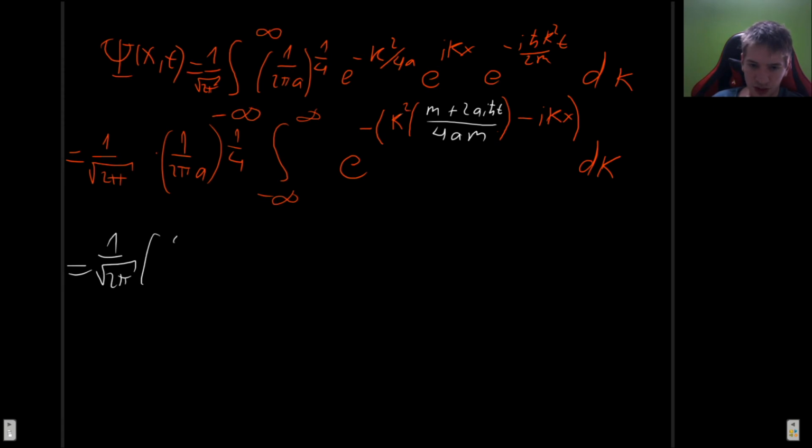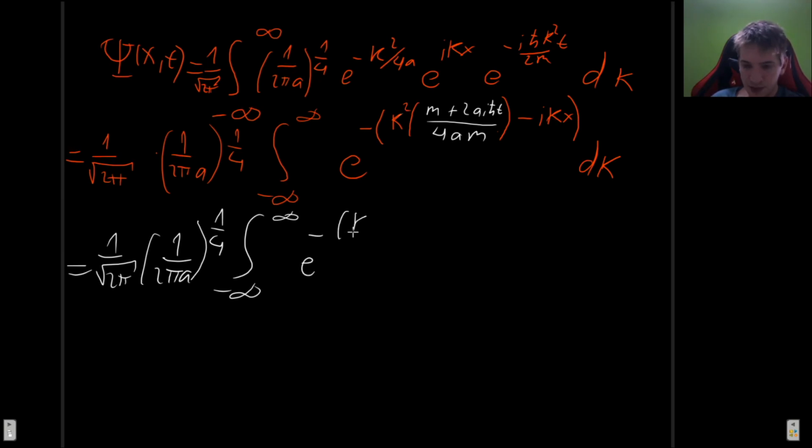They are not going to be changing for now. 2 pi a to the 1/4 power, integral from minus infinity to infinity of e to the minus, and now we have to put this term that we have now factored out. So m plus 2a i h bar t divided by 4am, and this is multiplying what we had inside.